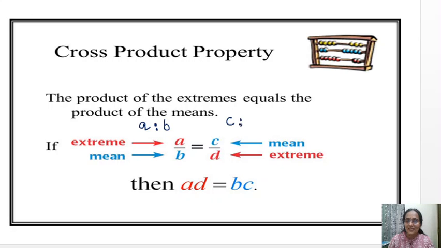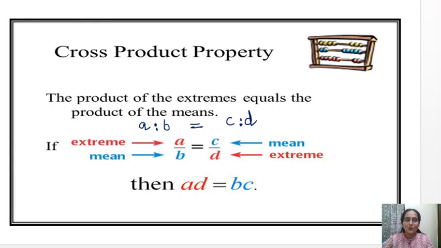C is to D is written as C by D. When they are written in fraction, you already know that when you cross multiply the terms, the cross products are equal. That means here A into D is equal to B into C.